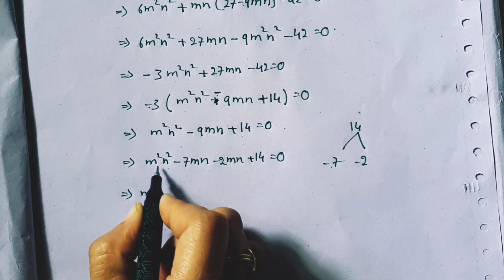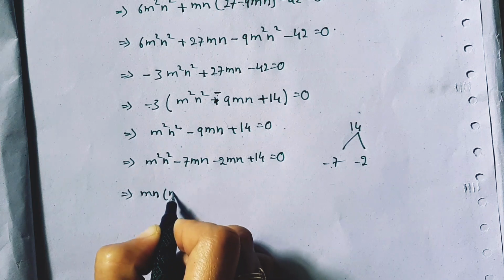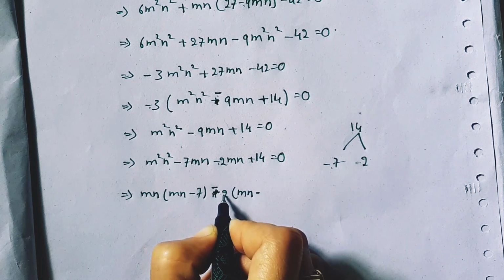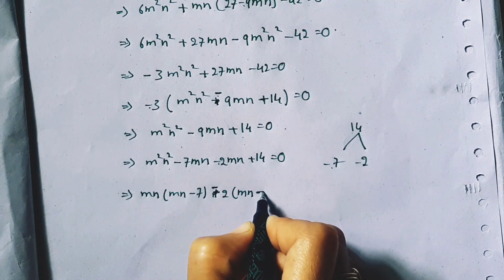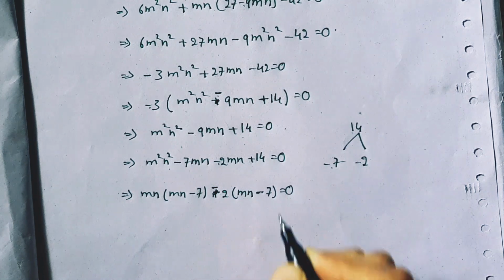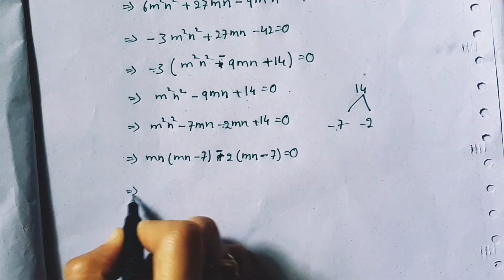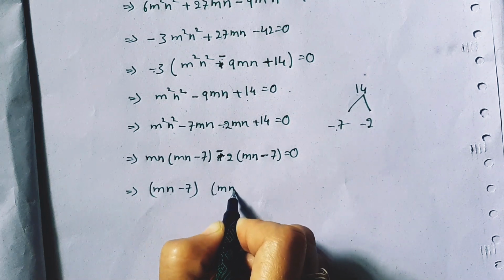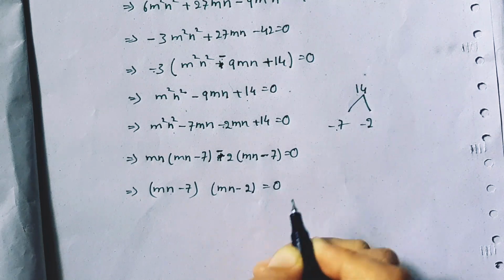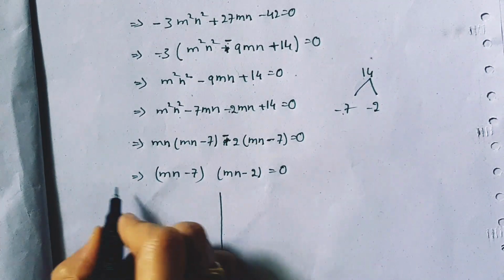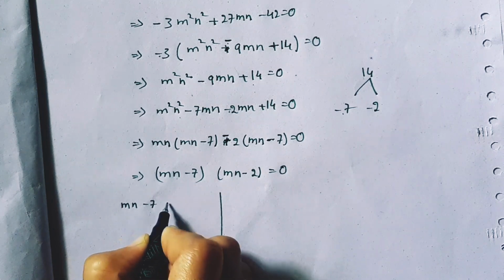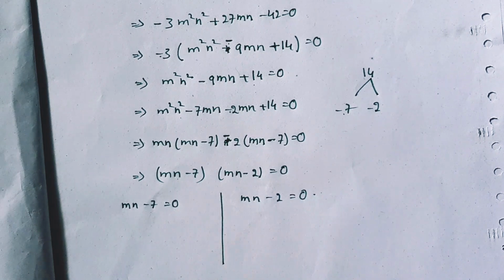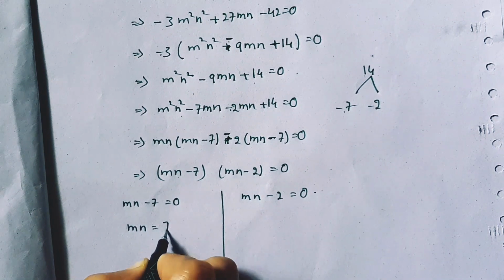That implies mn as common, mn of mn minus 7, and minus 2 as common, minus 2 of mn minus 7 equal to 0. Therefore mn minus 7 and mn minus 2 equal to 0. Now two solutions arise: mn minus 7 equal to 0, and mn minus 2 equal to 0. So therefore mn equal to 7.